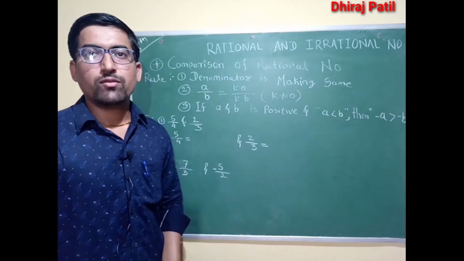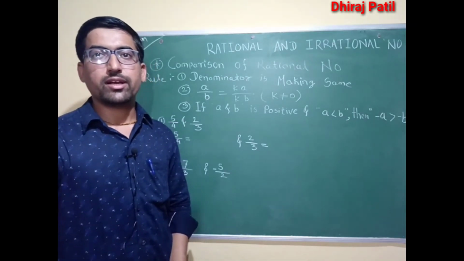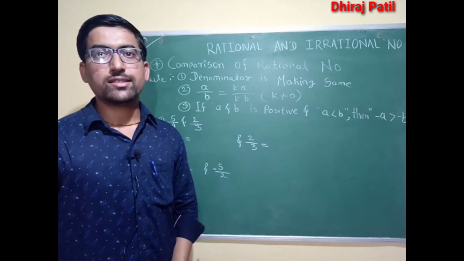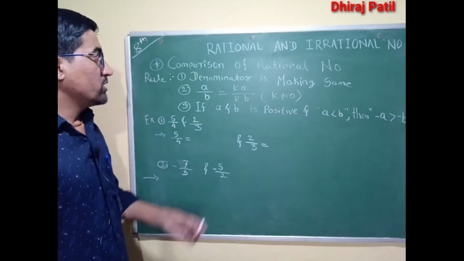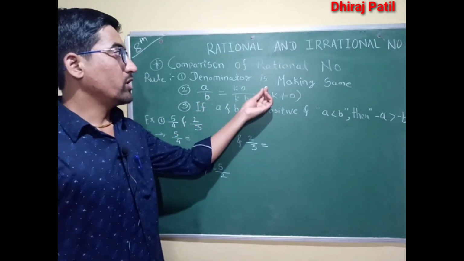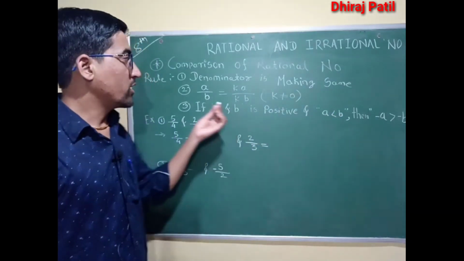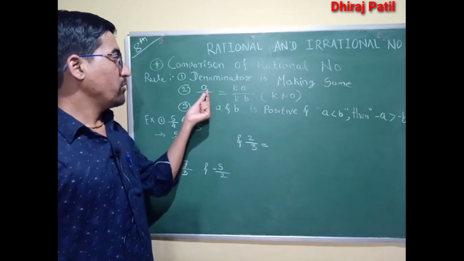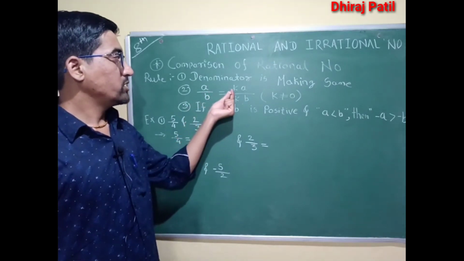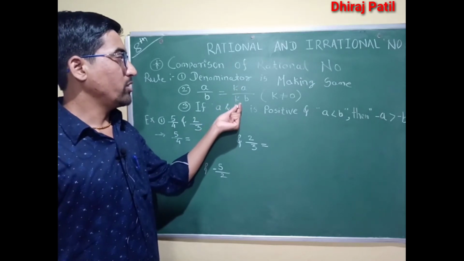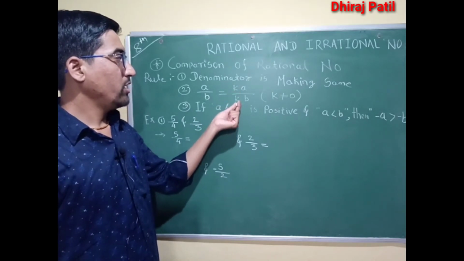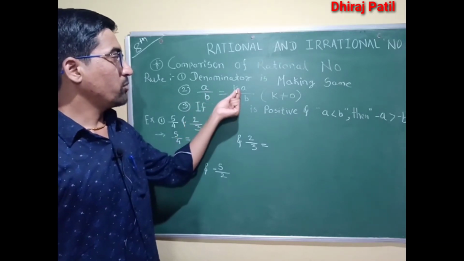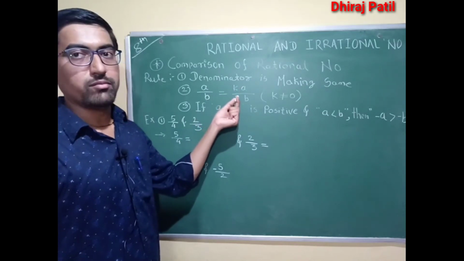Now friends, the next topic of rational and irrational numbers is comparison of rational numbers. For comparison of rational numbers, we have to take some rules. First one: the denominators of our rational numbers are the same. Second one: if a by b is our rational number and I multiply the numerator and denominator by the same number k, then the value of a by b after multiplying by k is the same.